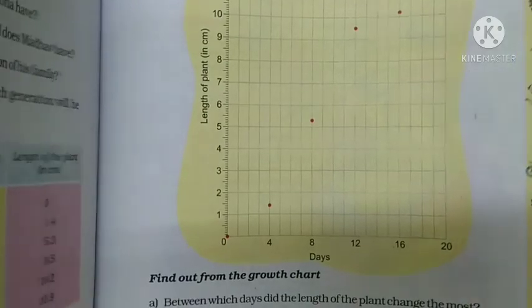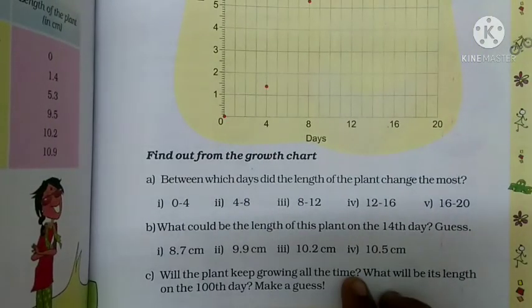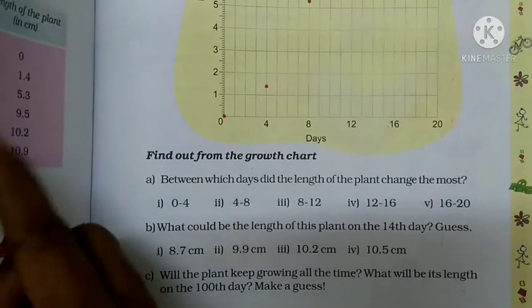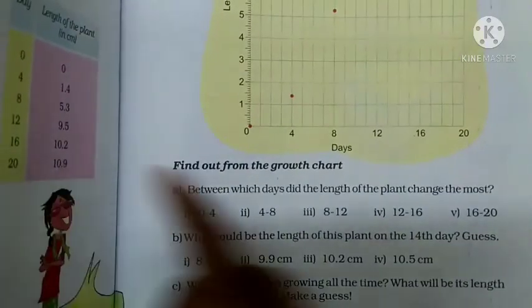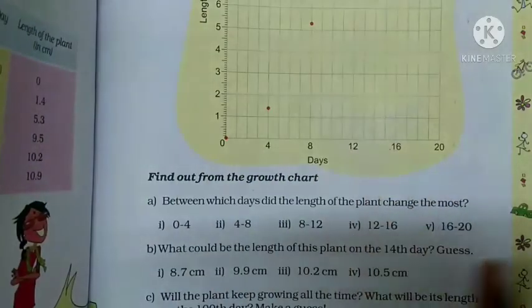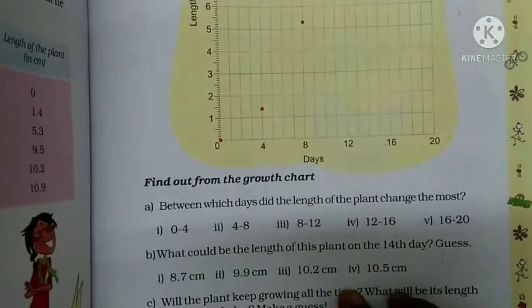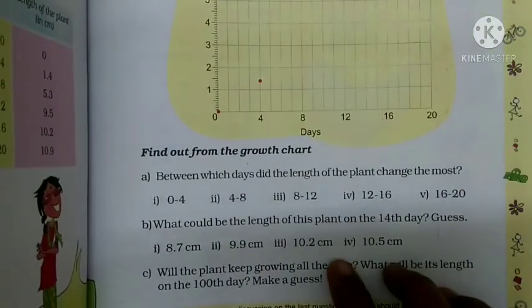But here some questions are given, and you have to find the answers from the given information. Okay. So in the evening we will discuss these two questions: the family tree question and also the growth chart questions, in the evening Zoom class.